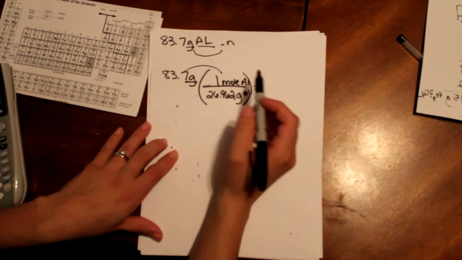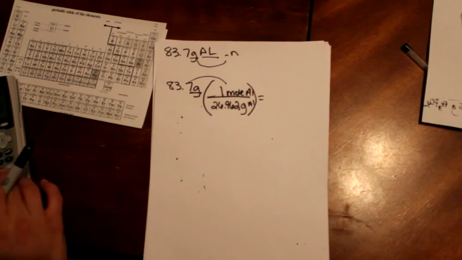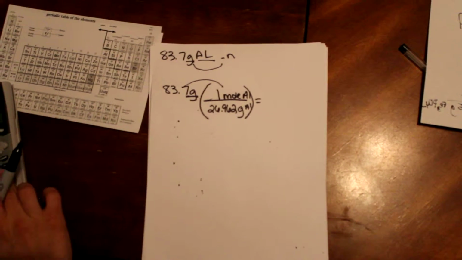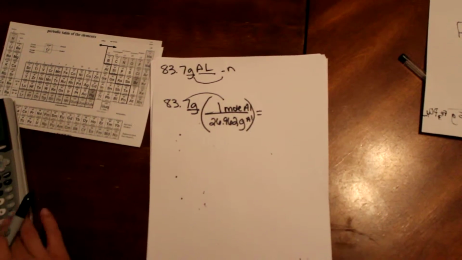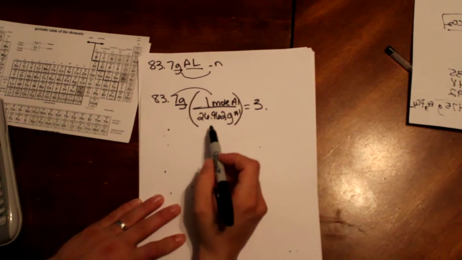Now all you have to do is take 83.7 times 1, and divide that by 26.962. That is going to equal 3.10, and you have to do your sig figs.